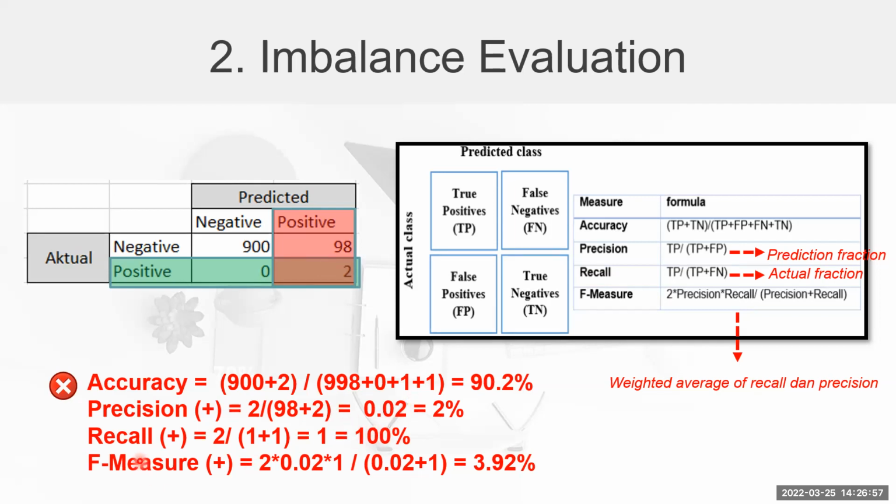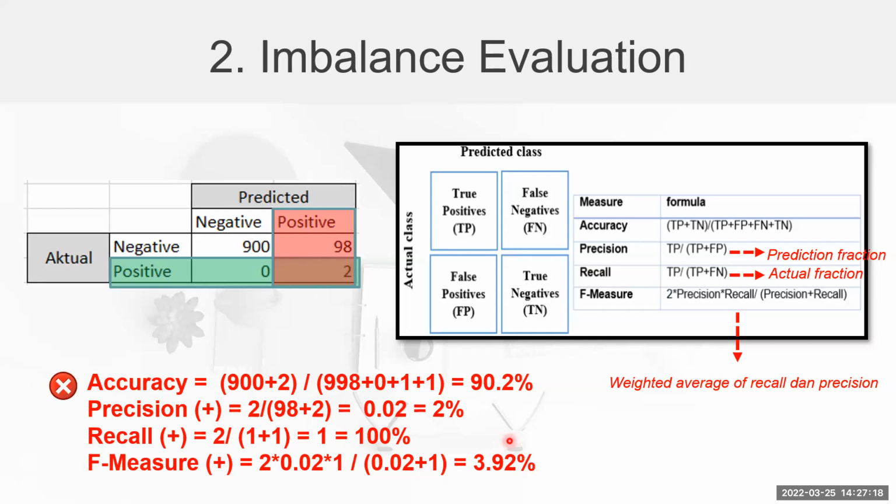So how about the F measure? Okay, precision is only 2%. Recall is very high, 100%. But the F measure we can see in here is small, 3.92%.